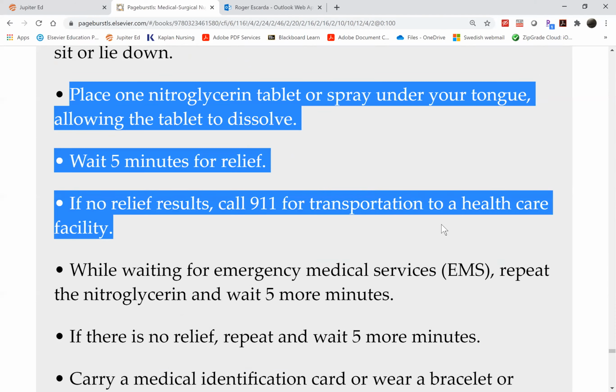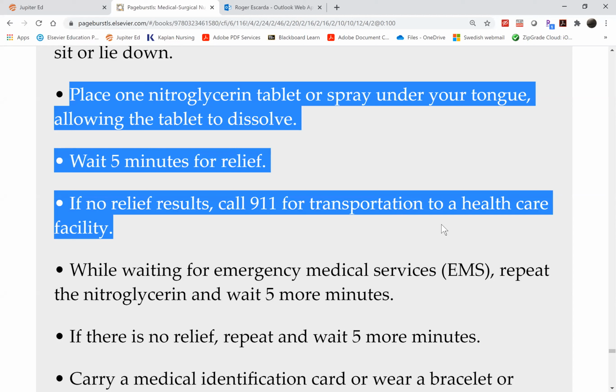It says place 1 nitroglycerin tablet or spray under your tongue, allowing the tablet to dissolve. Wait 5 minutes for relief. If no relief results, call 911 for transportation to a healthcare facility. And then while waiting for emergency medical services, repeat the nitroglycerin and wait 5 more minutes.